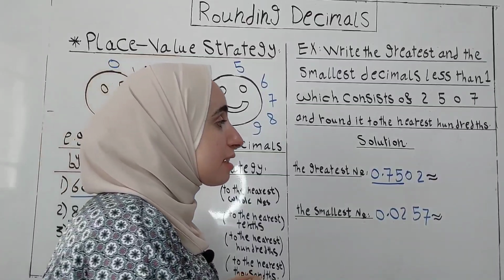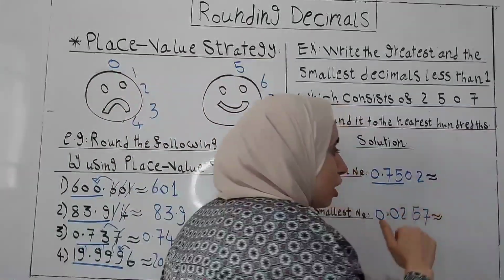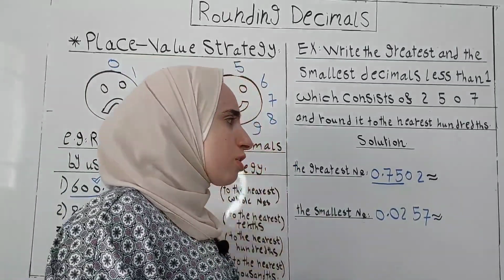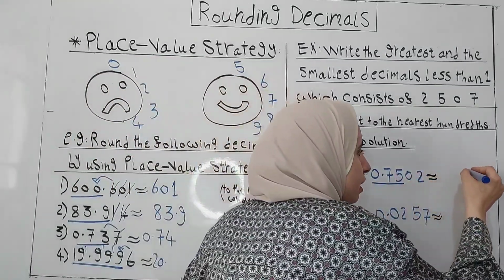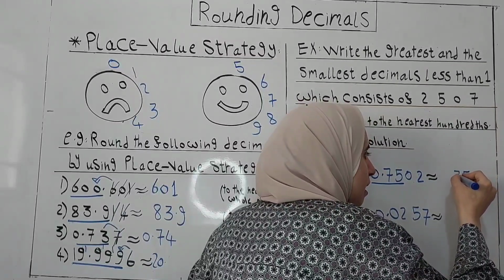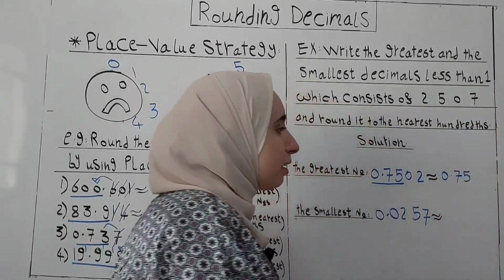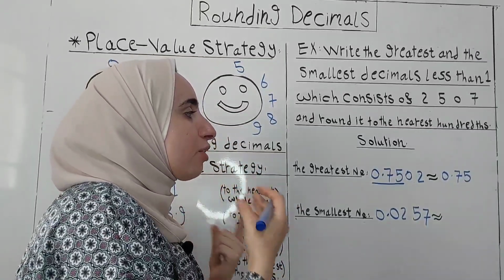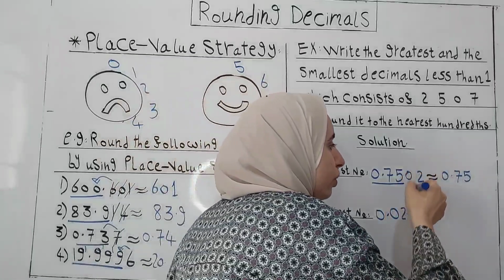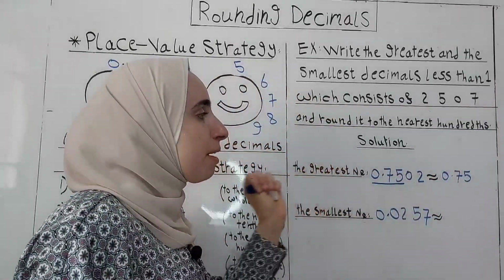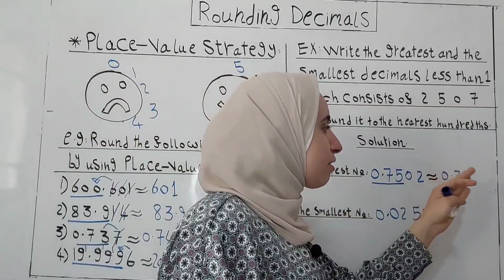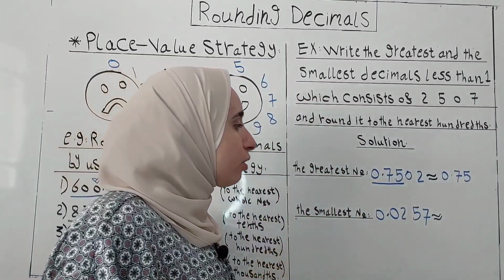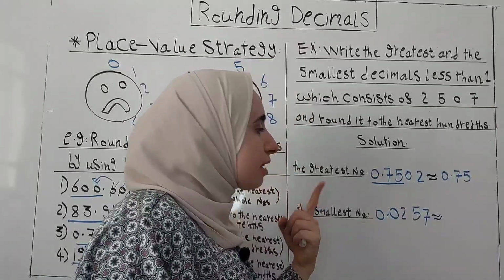Now we look at the digit in the next place, which is 0. 0 is a sad number, so we write 5 and 7 as they are. Then we drop the digits in the last place and ignore them. So this number approximately equals 0.75.